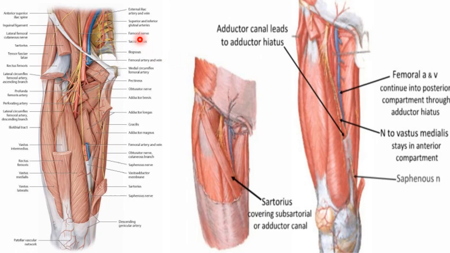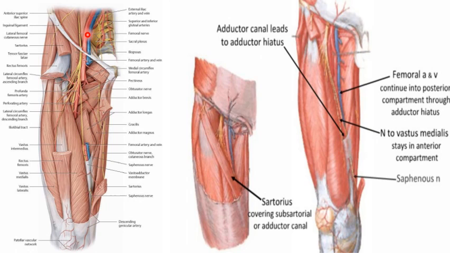Here you can very clearly see this is the inguinal ligament. This part is the pelvis, and this is the front of the thigh. This is the external iliac artery along with the external iliac vein. This is the femoral nerve.